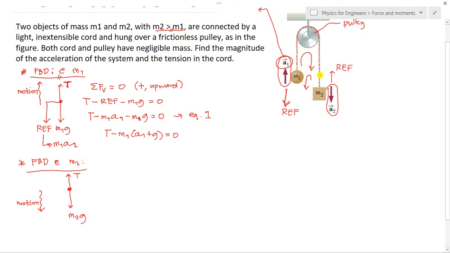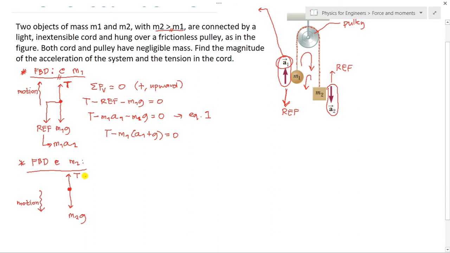We can verify that later if we derive the frictional force for a belt and a pulley. Since there is no friction on the pulley, and this is a rope, nothing holds it back. Therefore, whatever the pull on the rope at mass 1 is the same pull on the rope at mass 2. So that's why I have the same representation, T.